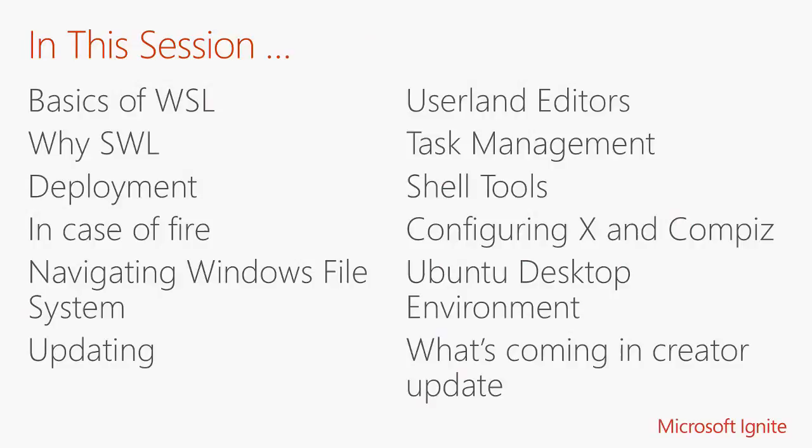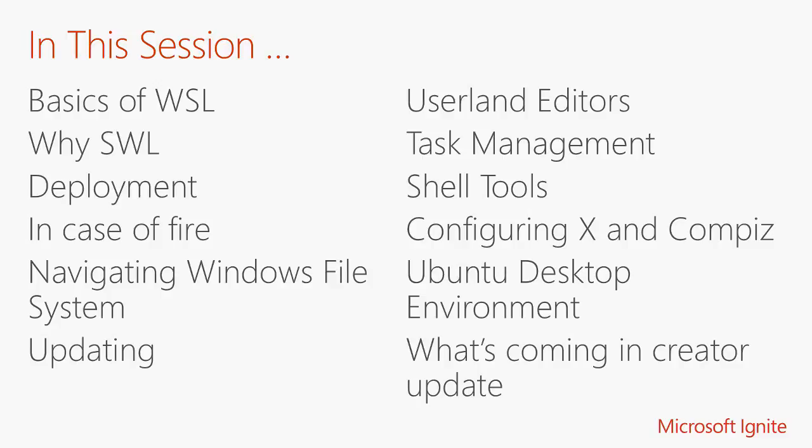So let's look at this. In this session, we're going to talk about the basics of Windows Subsystem for Linux. Why on earth Windows Subsystem for Linux, how you actually deploy it, and what to do in case of fire, that is, if you completely mess up your Windows Subsystem for Linux environment, how do you reset it?